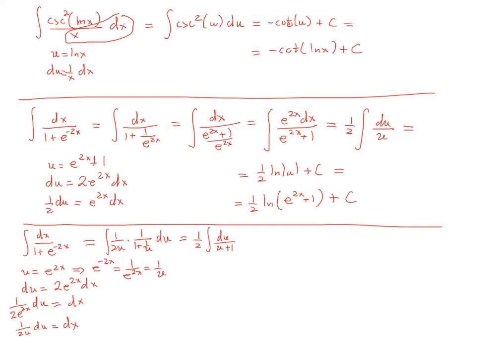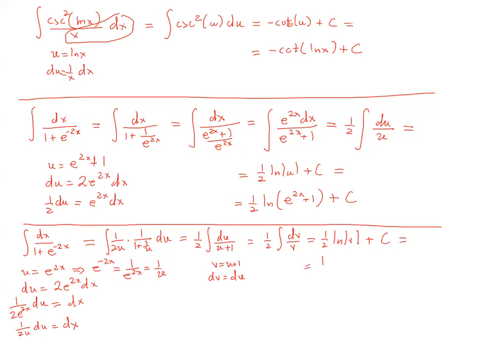And for this, either we can do it right away, or we can think of a second substitution. v is equal to u plus 1, dv is equal to du, and that will give us 1/2 dv over v, which is 1/2 ln of absolute value of v plus c.